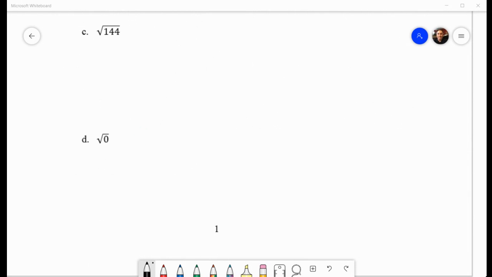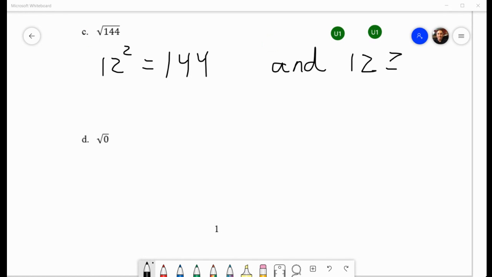All right. So from here, the square root of 144. What's that going to be? Well, we know that 12 squared is 144, that's true. But also 12 is non-negative.